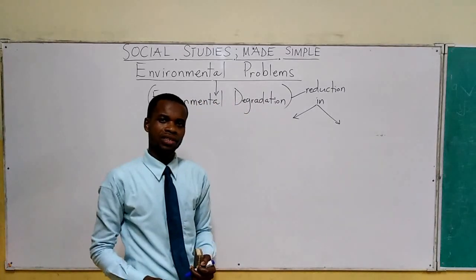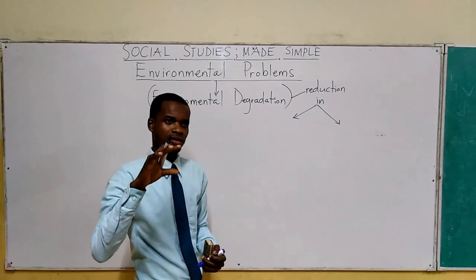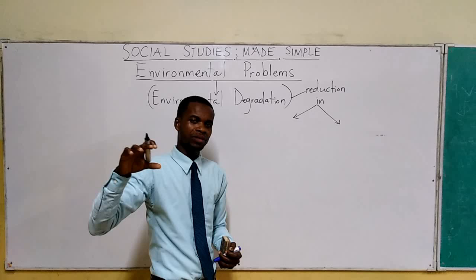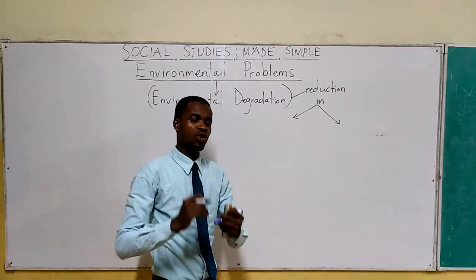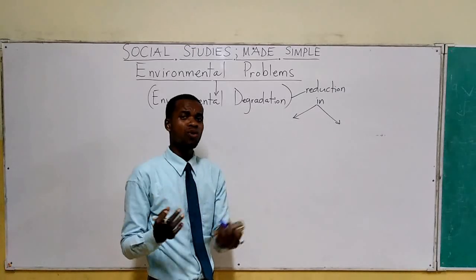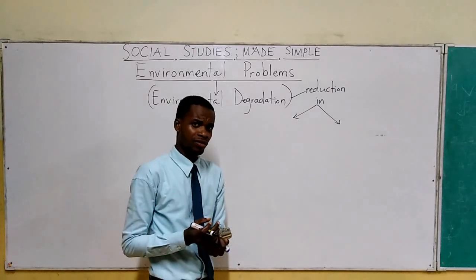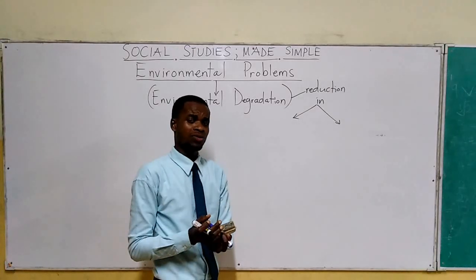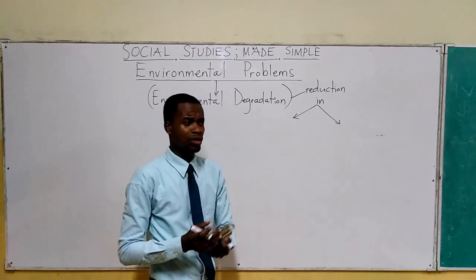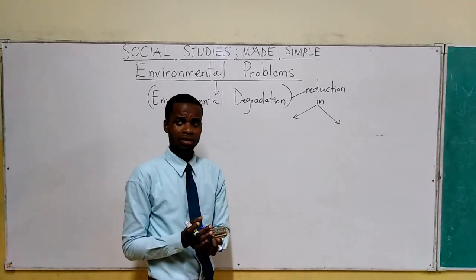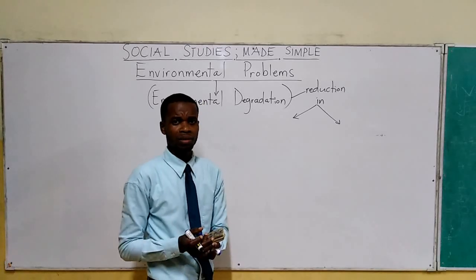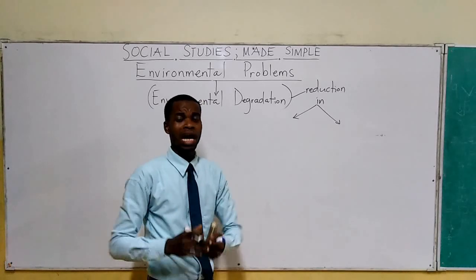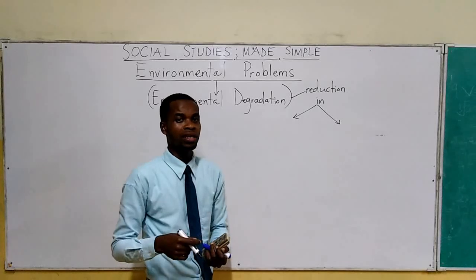So there is a reduction in two things. The components of the environment have a quantity and they also have a quality. We know what trees serve. As we talked about their usefulness, we know what the highlands do. We know what wild animals or domestic animals do, and we can also talk about our atmosphere, our surrounding air.